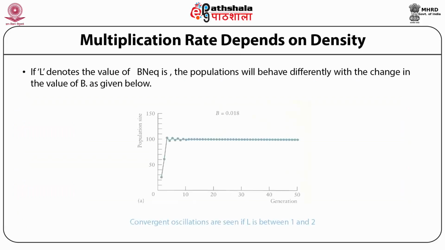As you can see in this diagram, when the value of B is equal to 0.018, if we plot the curve between the population size and generations up to 50, convergent oscillations are seen if L is between 1 and 2, making more or less a straight line.